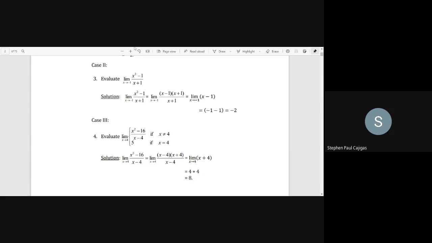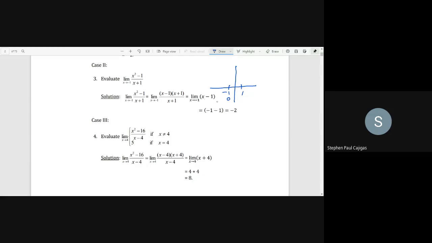But if we make the graph of this, it looks like this. So here is 1, here is -1. There is a hole here.